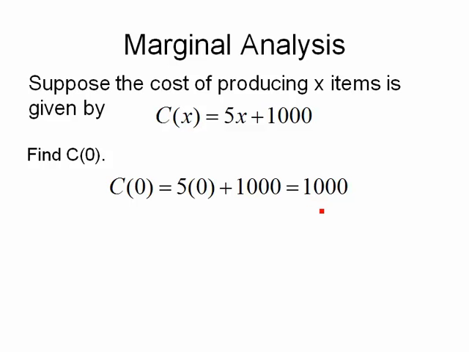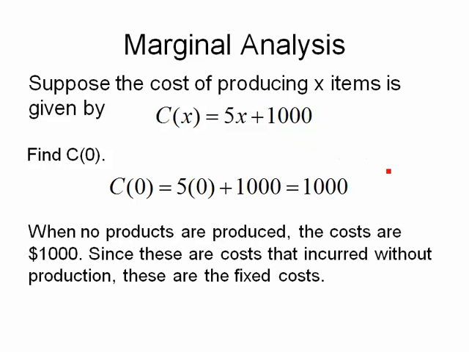This is my fixed cost, because remember, fixed costs are costs we incur even when we don't have any production, and when we put 0 in, we're saying there's no production. So this second term, the 1,000, is our fixed costs. When no products are produced, the costs are 1,000, and that corresponds to our fixed costs.